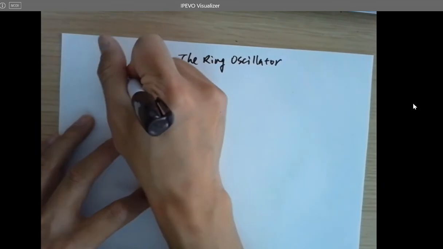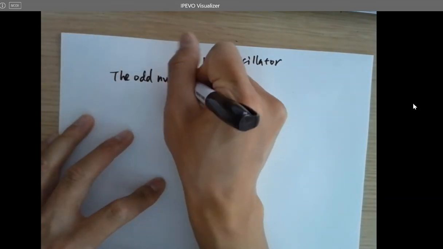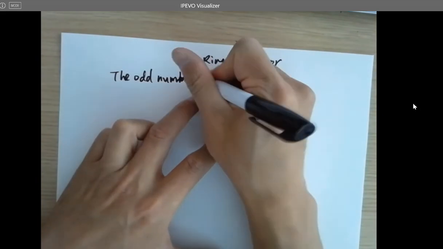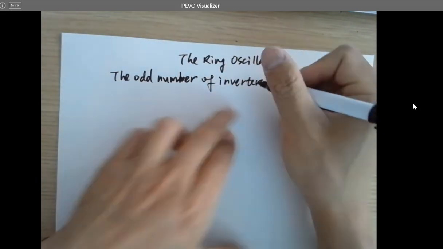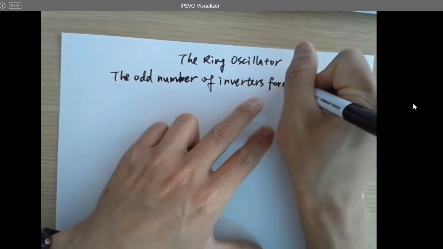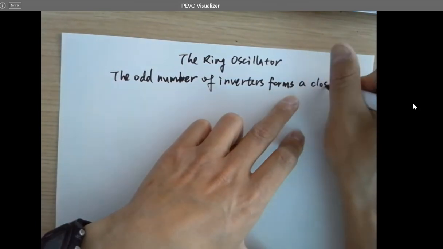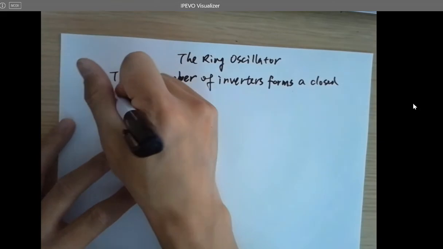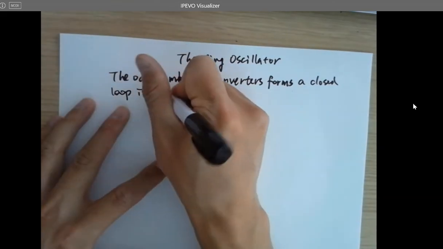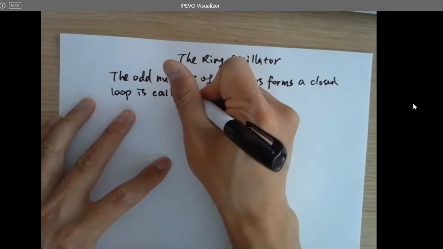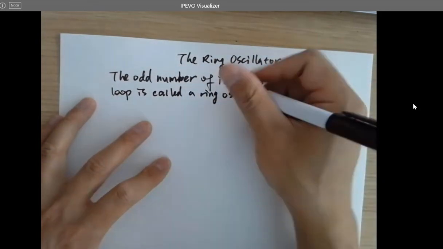So an odd number of inverters forms a closed loop. It's called a ring oscillator. It cannot be an even number.